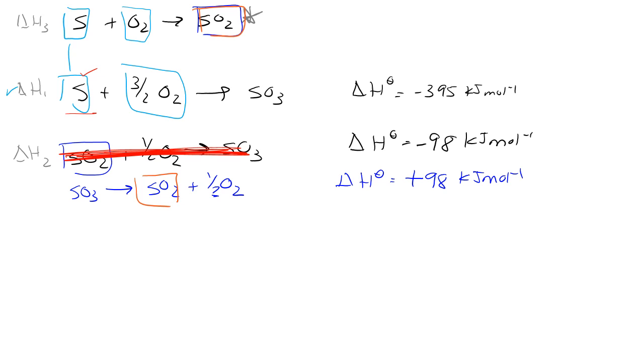We have 3.5 oxygens on the reactant side of delta H1. We have 1.5 on delta H2. So that means that this one on the delta H2 cancels out completely. We get rid of it. And because it's half of it, we now go 2/2, in which case that just becomes 1 O2 on the reactant side of delta H1.